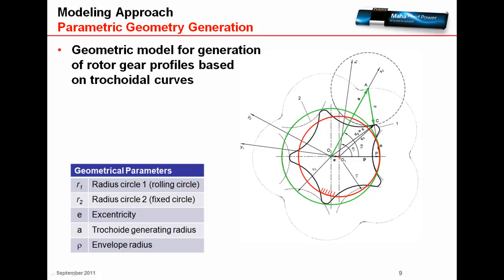So an equidistant curve with the offset radius ρ is generated by point C, and this is our first rotor profile. The second rotor is obtained as its conjugate and has one more tooth than the inner rotor. So each tooth of the inner element is in continuous sliding contact with the surface of the outer element. And in the model I use the minimum number of parameters to represent any Gerotor profile.